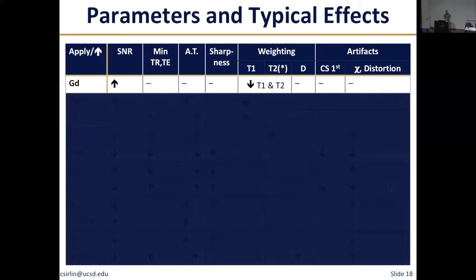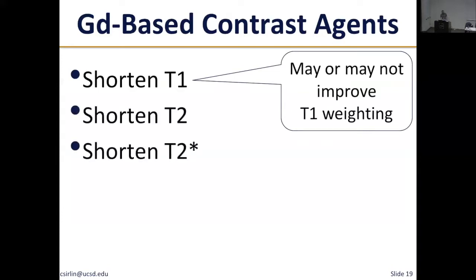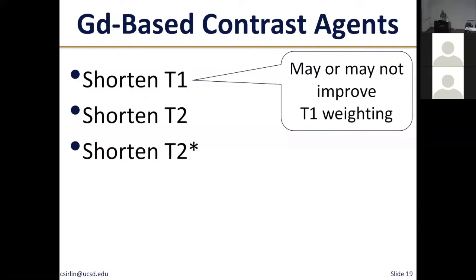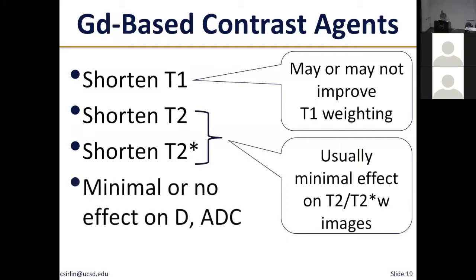So let's start with gadolinium. And gadolinium-based contrast agents, we'll talk more about them in the next lecture, but for now, just remember that gadolinium shortens T1, and this may or may not improve the T1 weighting. Gadolinium shortens the T2 and T2 star, and this usually has minimal effects on T2 and T2 star weighted images, which I'll show you in a moment.